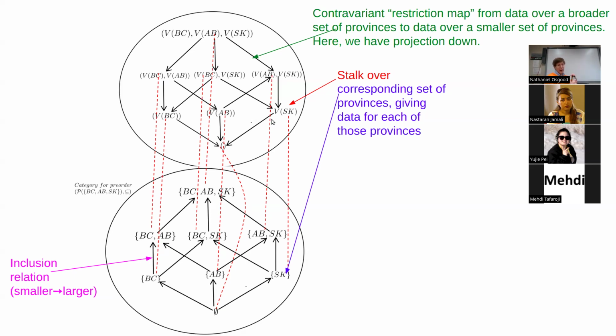So here we have a preorder in the base of regions, maybe considered for a given month. So we have the empty set, we have British Columbia, we have Alberta, Saskatchewan, and then we have various subsets of provinces. There's a pre-order.